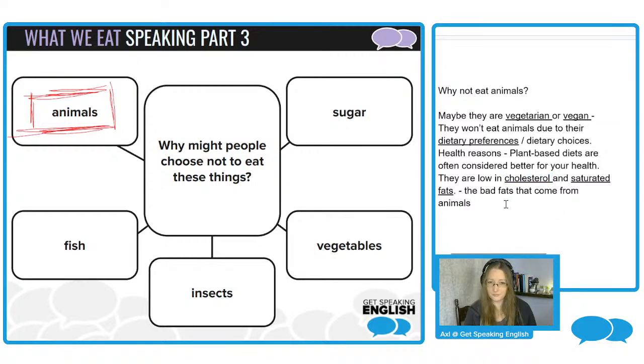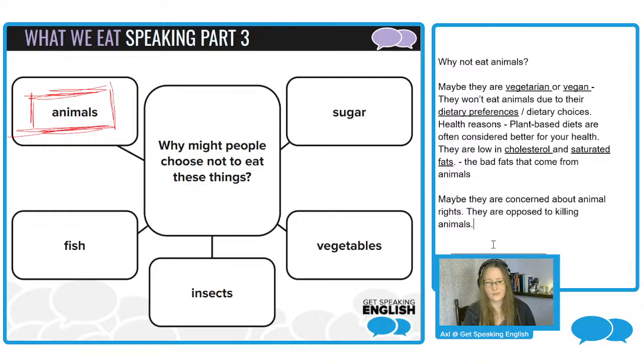Maybe they are concerned about animal rights, right? Yeah, right? So maybe they are opposed to killing animals, right?